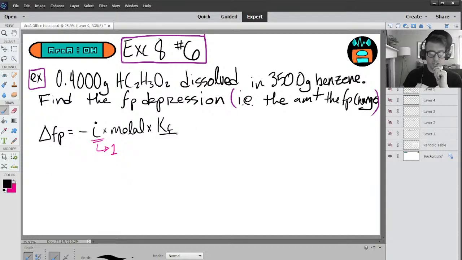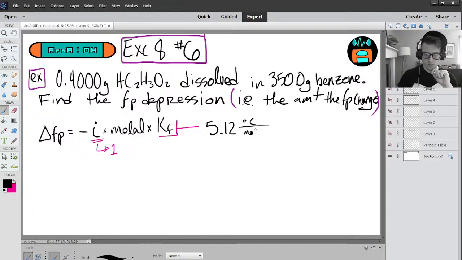The freezing point depression constant is something we need to look up. We need to look up the freezing point depression constant for benzene, which is, let's see, benzene has a Kf of 5.12, and the units here are degrees Celsius over moles per kilogram.